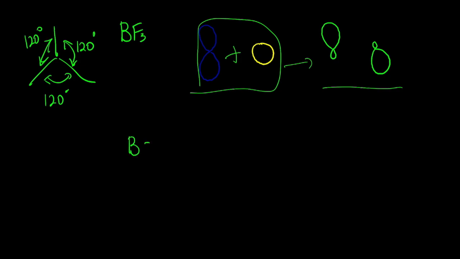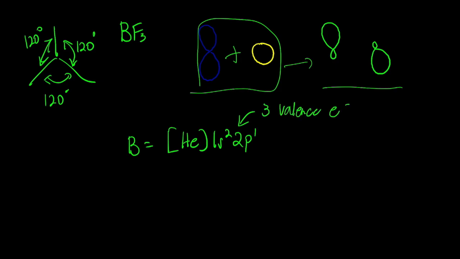Boron, if you look at the periodic table, is element number 5. So you've got your helium core, and you've got an electron configuration of 1s2, 2p1. It has 3 valence electrons. That's why when we do the Lewis structures, we start off with 3 dots.